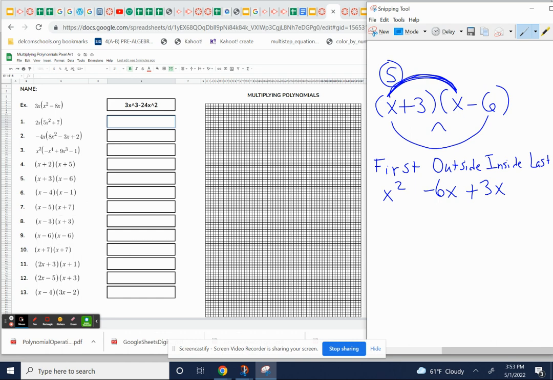Now last means the last one in the first parentheses and the last one in the second parentheses. If I multiply these together, a positive 3 times a negative 6 is a negative 18. So I multiplied the two first ones, the two outside ones, the two inside ones, and the two last ones.